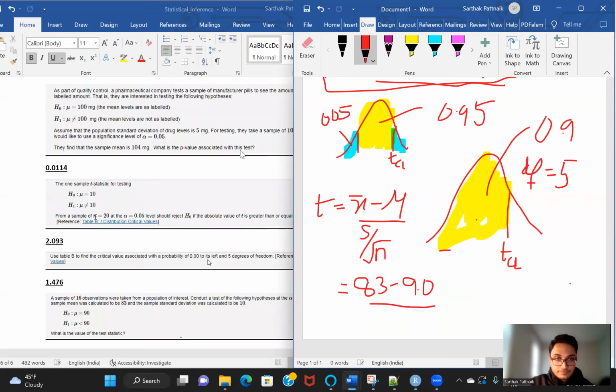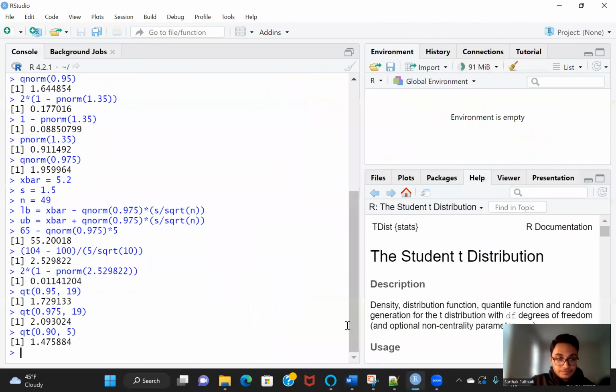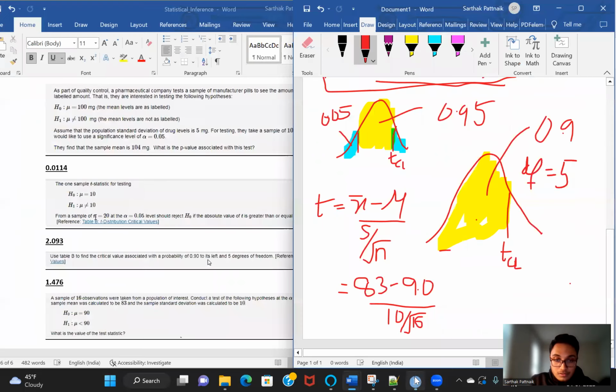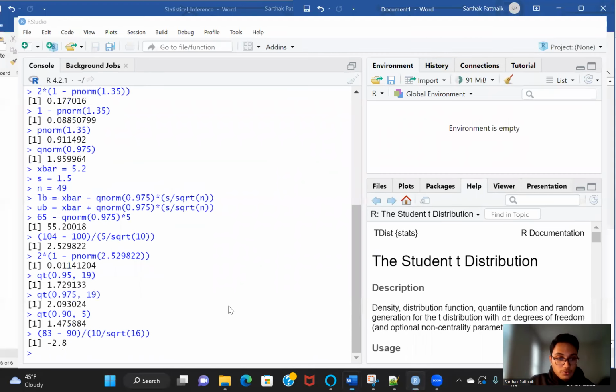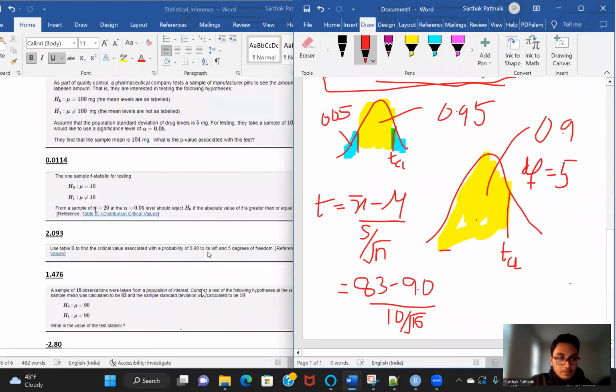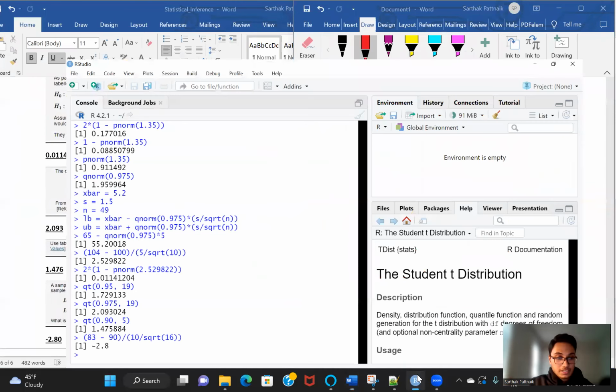Sample standard deviation has been given as 10, and you divide this by root of 16. Let's do a quick calculation. 10 divided by square root of 16. You get minus 2.8, and that is the answer, minus 2.80.